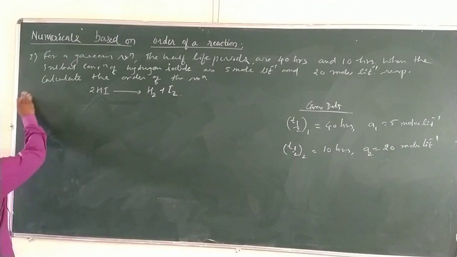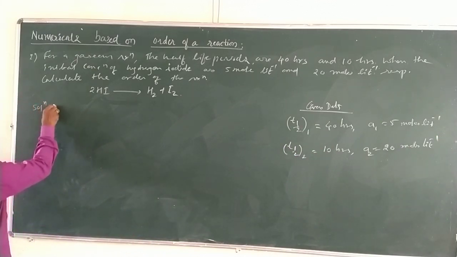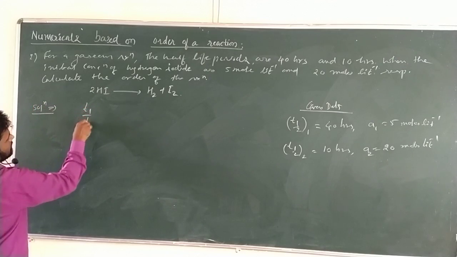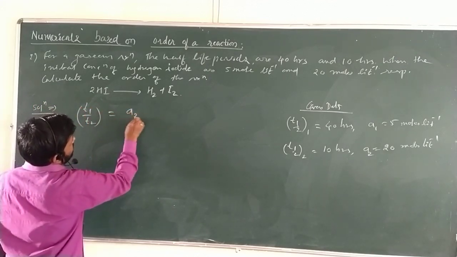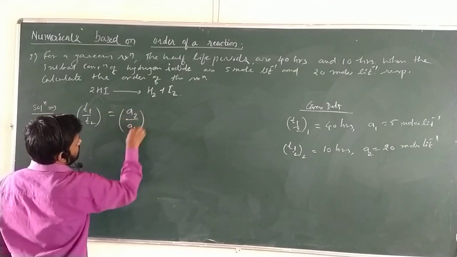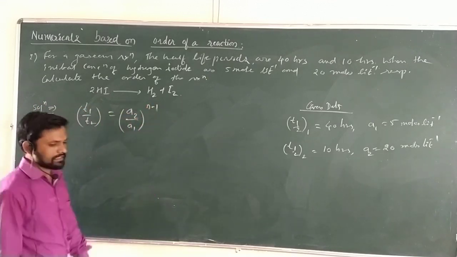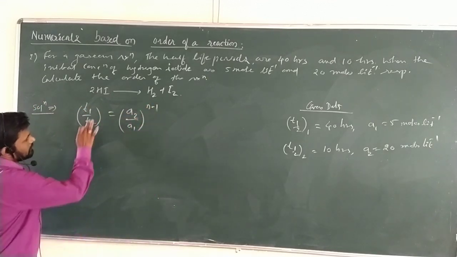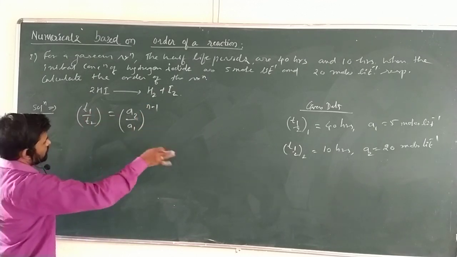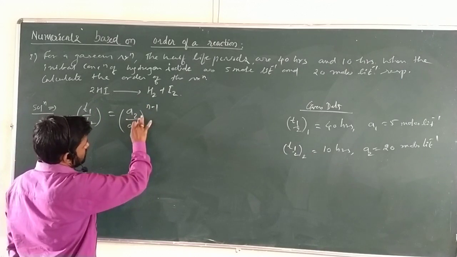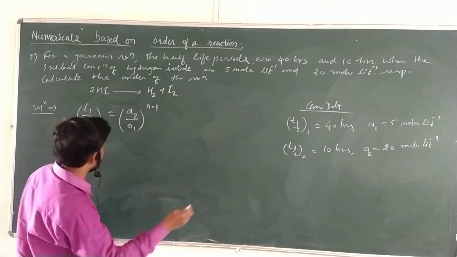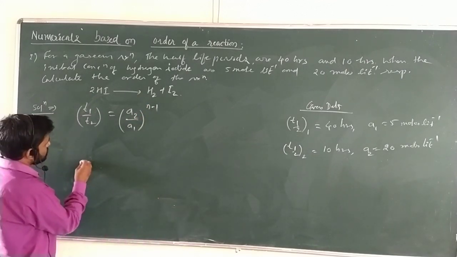What is the solution? First write the formula: T1 upon T2 equal to (A2 upon A1) to the power n minus 1. This is the formula we have to use. T1 is the half-life period of first, T2 is the half-life period of second, A2 is the initial concentration of second, A1 is the initial concentration of first. Now put the values.